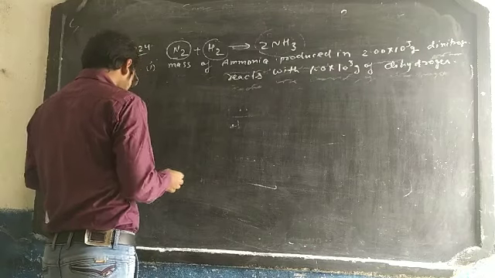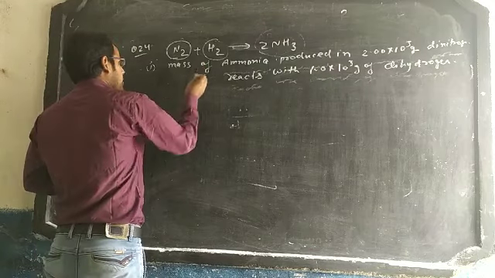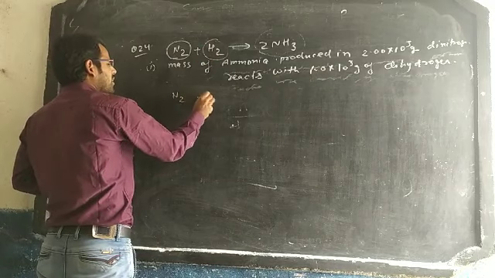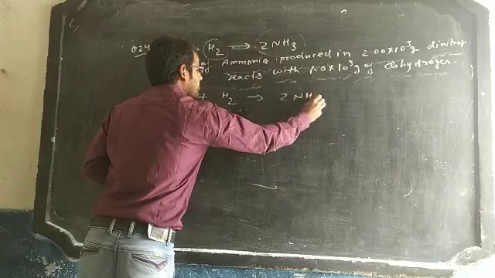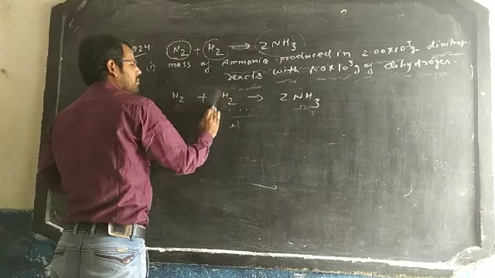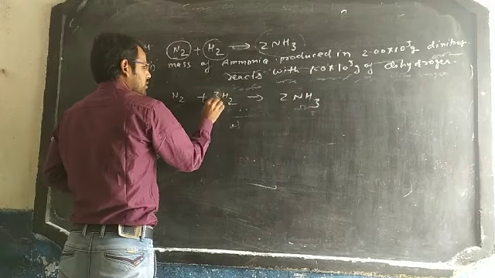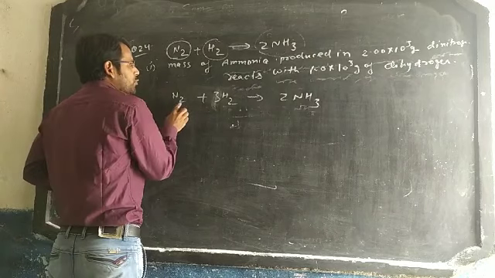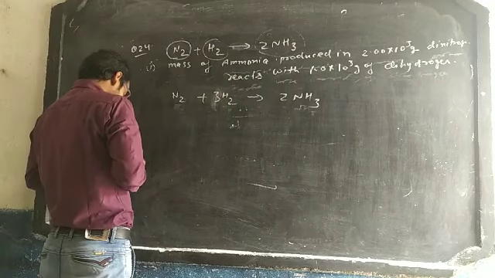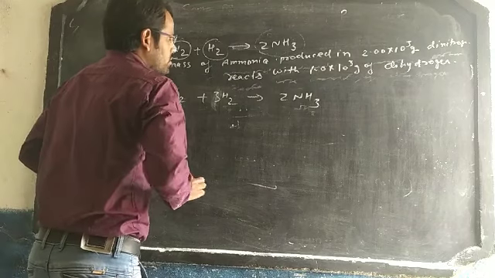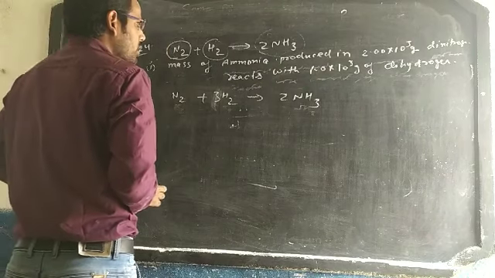First of all, balance the equation: N2 plus 3H2 gives 2NH3. N2 means 1 mole.